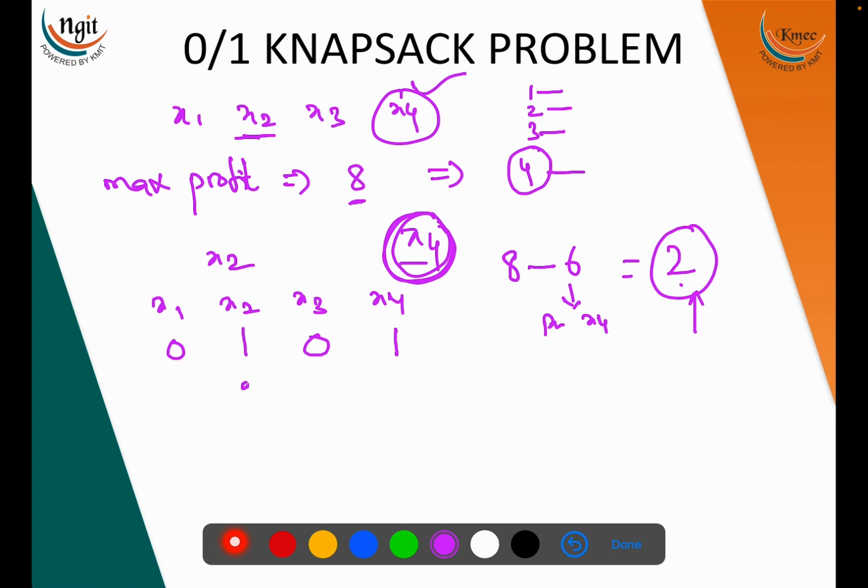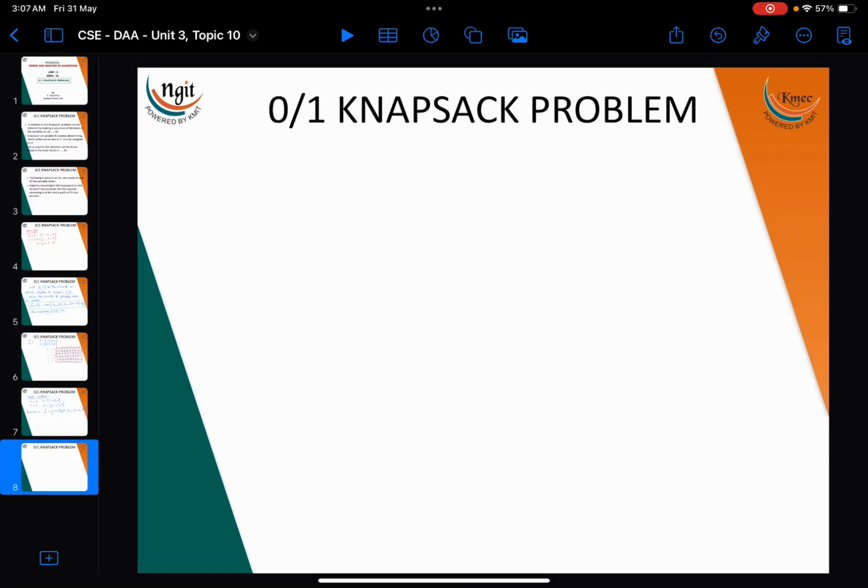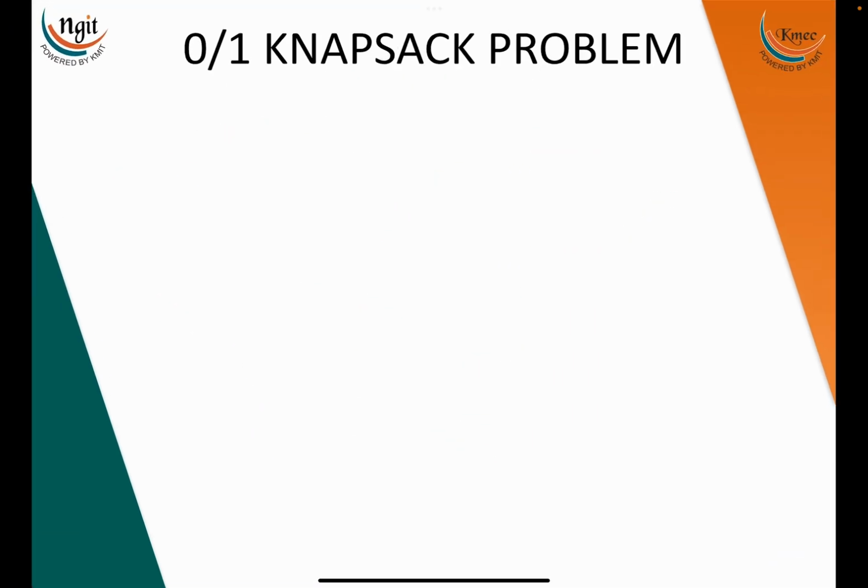Profit of x2 is 2, profit of x4 is 6. That means we got 6 plus 2 is 8. Now x2 weight is 3, x4 weight is 5, bag capacity is 8. So finally, the items placed inside the container are x2 and x4. So this is from the tabulation method.